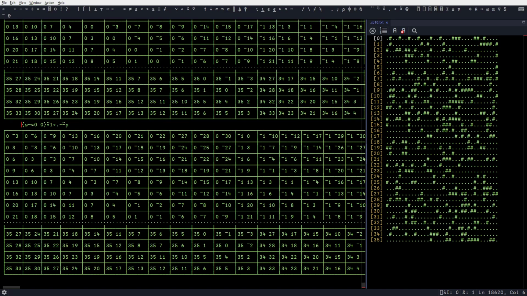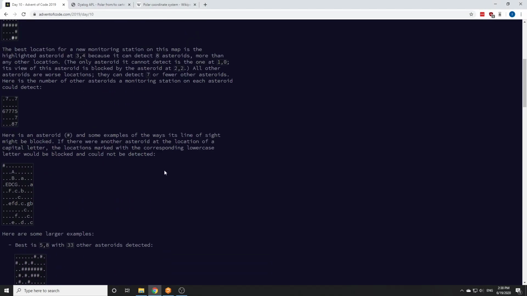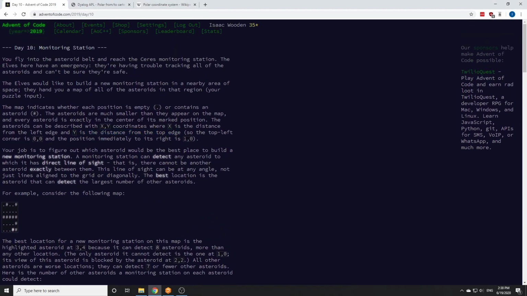And now we can analyze each row. Each row represents the relative coordinates of all the asteroids relative to a particular other asteroid. But the problem is, you can see here in the problem spec, it says there cannot be another asteroid exactly between them.